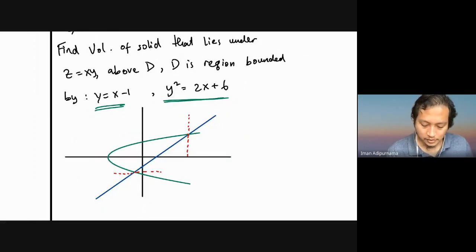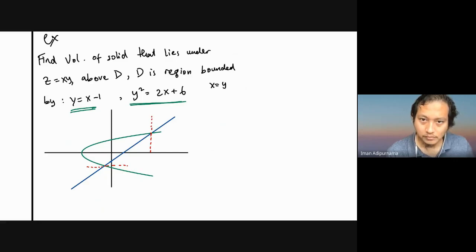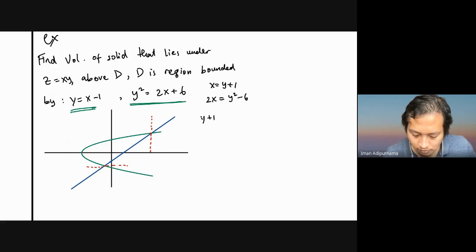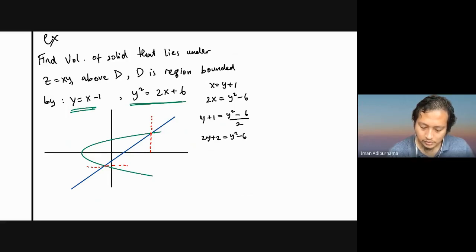So x is y plus 1, 2x is y squared minus 6, and we can make them equal and solve these equations.